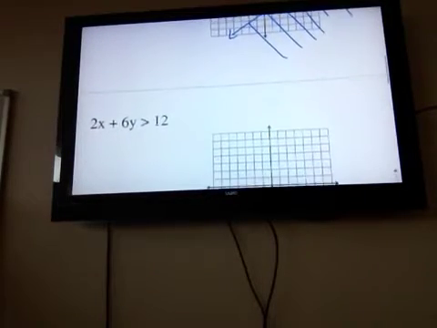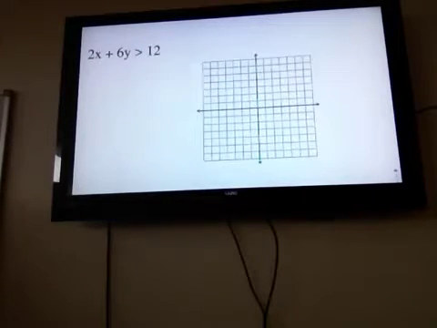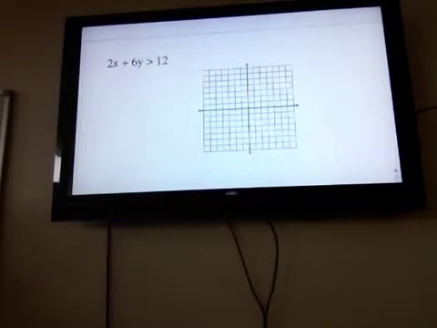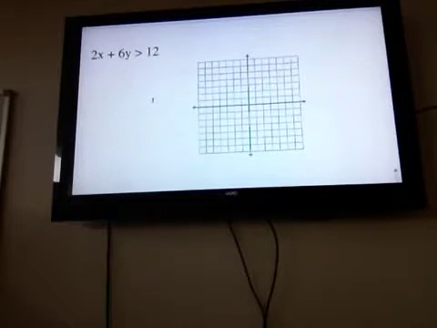Okay, in my next example, y is not alone. This is going to be by far the most challenging part because some of you still are having trouble solving, which is so huge for this whole semester. I have to get y by itself, this variable. So the first thing I'm going to do is subtract the 2x.